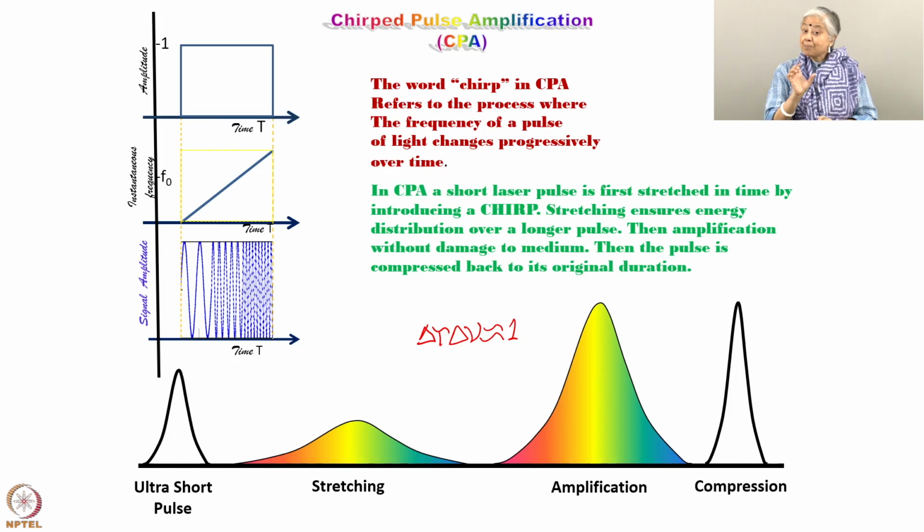If the pulse length increases, that means the energy that I am able to extract is much more from the amplifiers, and at the same time the peak powers are much lesser, the intensities automatically become much lesser while this pulse is passing through the amplifiers, and I do not destroy the amplifiers. Not only destroy, I do not bring any nonlinear effects which can mar the whole amplification process.